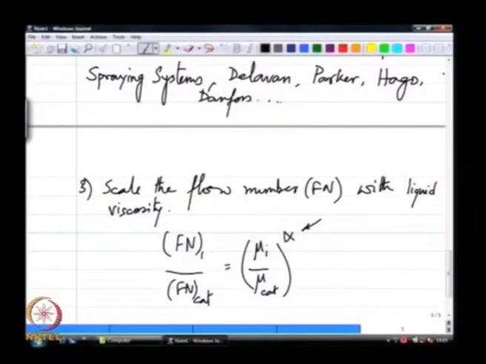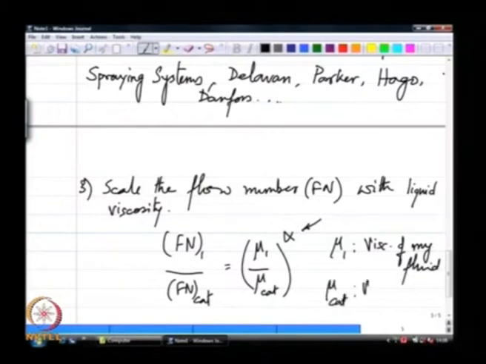So, I know my flow number Fn1, I know mu 1, the viscosity of the fluid that I need to spray, and I want to know the flow number in the catalog. I know mu of the fluid that they use to test their spray nozzles, which is mu catalog. So, mu 1 is the viscosity of my fluid, and mu catalog is the viscosity of the test fluid.